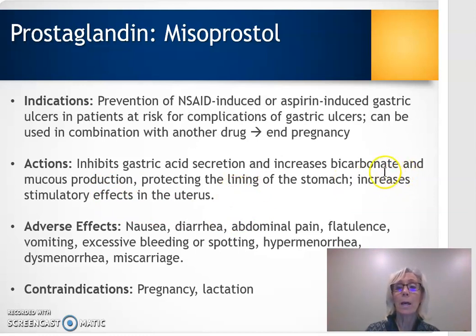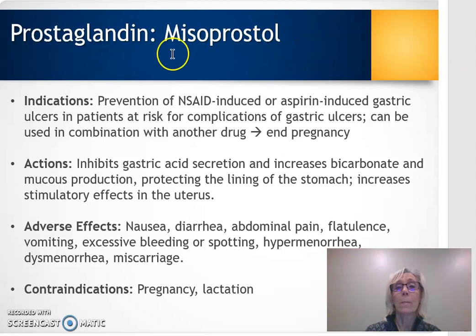But here's the caveat, that it also increases the effects in the uterus. If any of you have had a child, or you know something about this, this is a prostaglandin. Prostaglandins are used to soften the cervix, and they can present problems. That's one of the reasons why a woman should not be using this if she's pregnant.